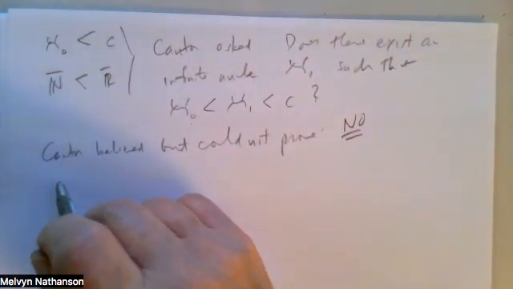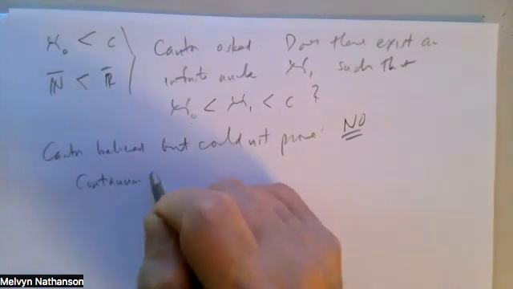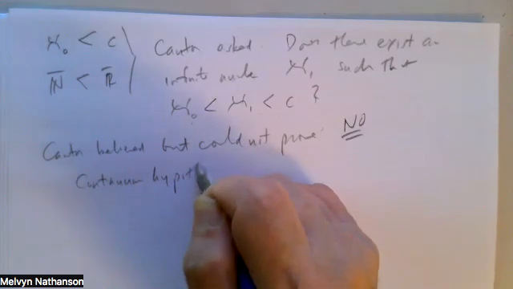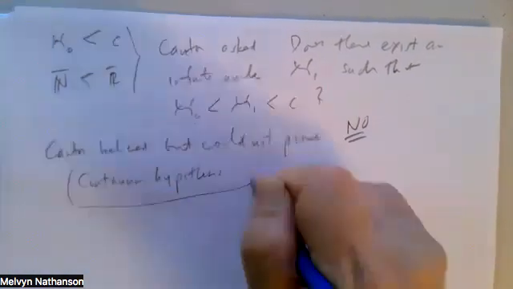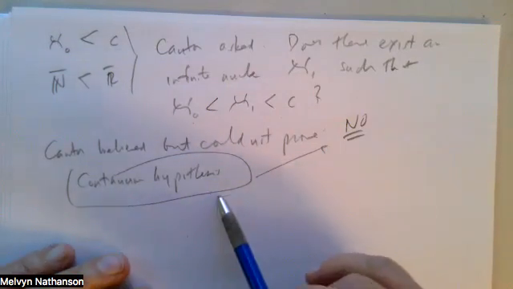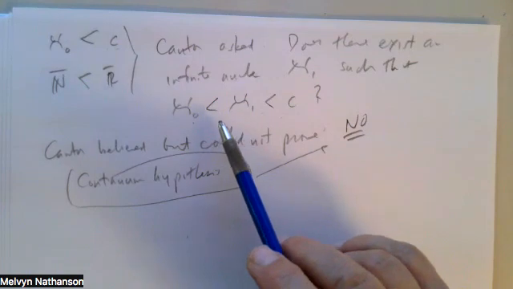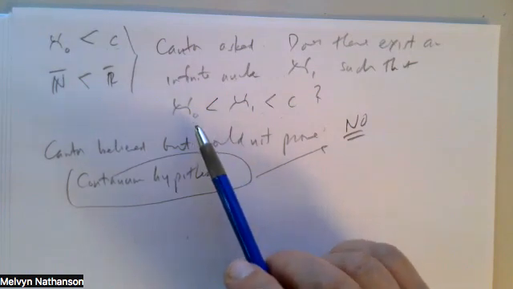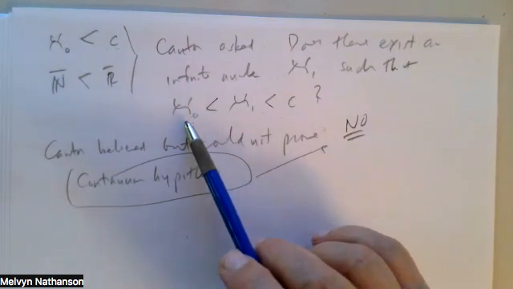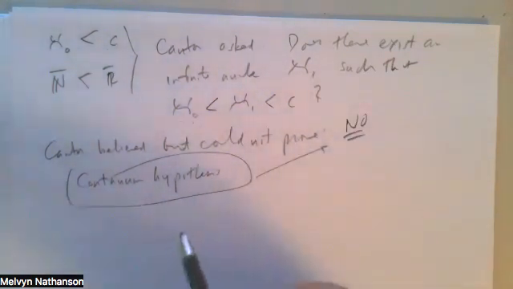And this was called the continuum hypothesis. So the continuum hypothesis says that the answer to this question is no. There's no infinite number in between the cardinal numbers, the sizes of the integers and the reals. But he couldn't prove it.